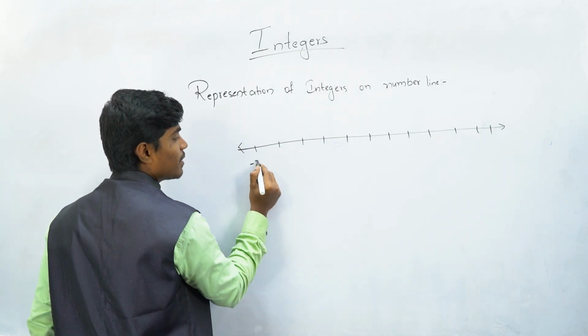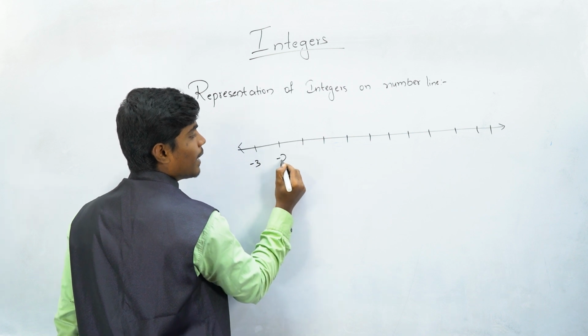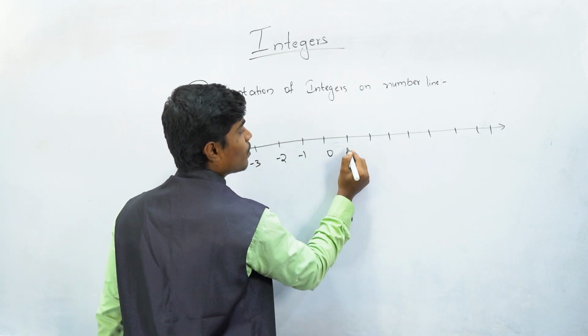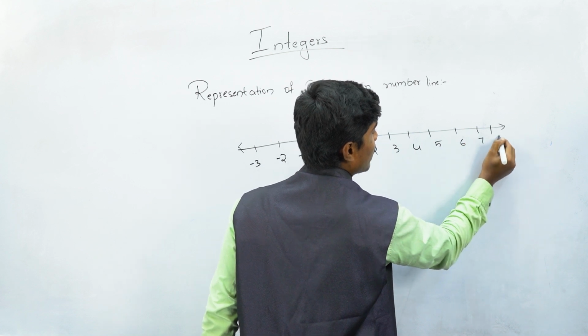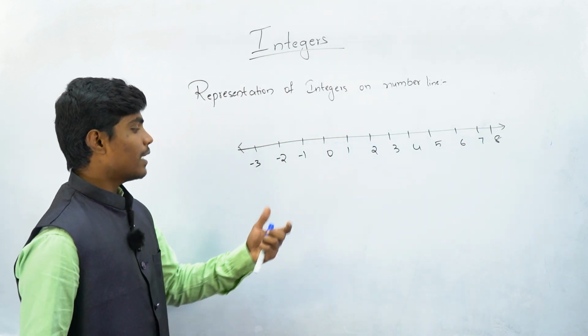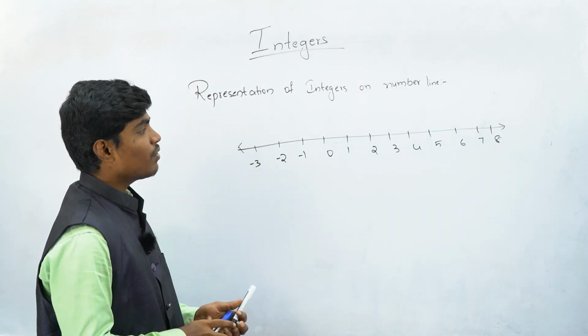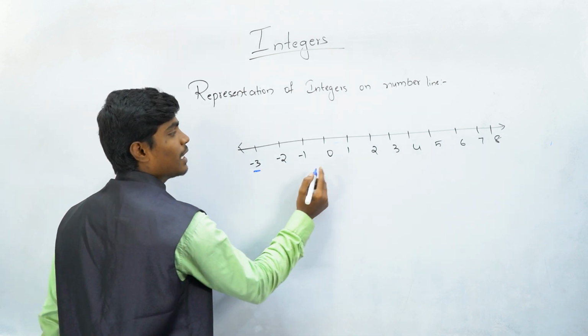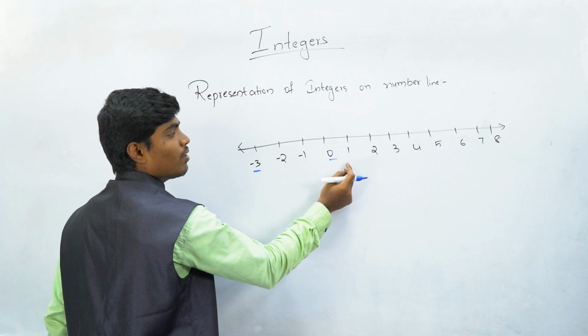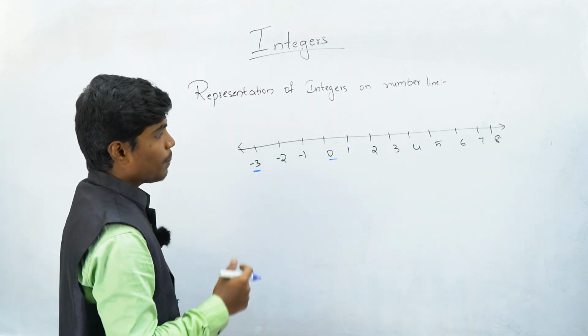Let's start from -3: -3, -2, -1, 0, 1, 2, 3, 4, 5, 6, 7 and 8. Here, in the representation of integers on the number line, we started from negative numbers, passed through 0, and after 0 we moved to positive numbers.